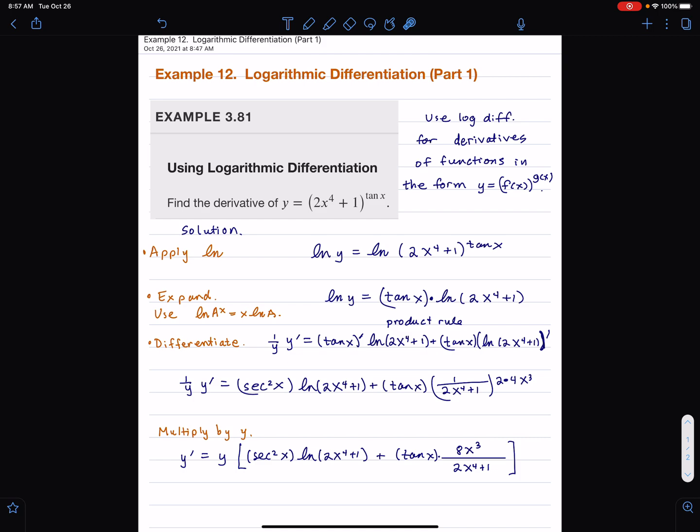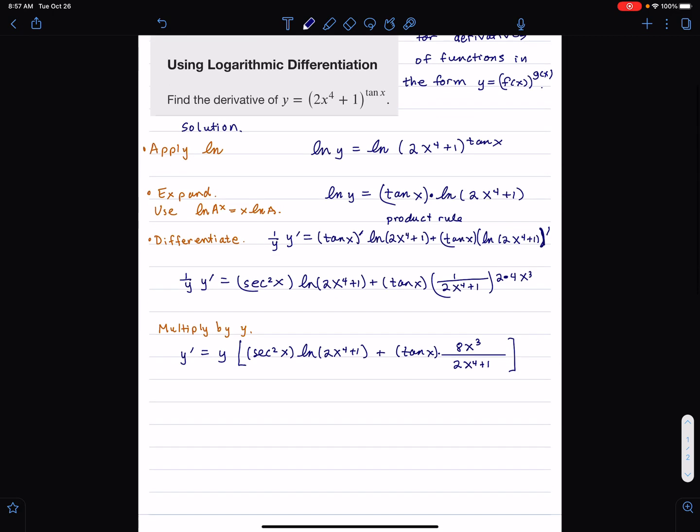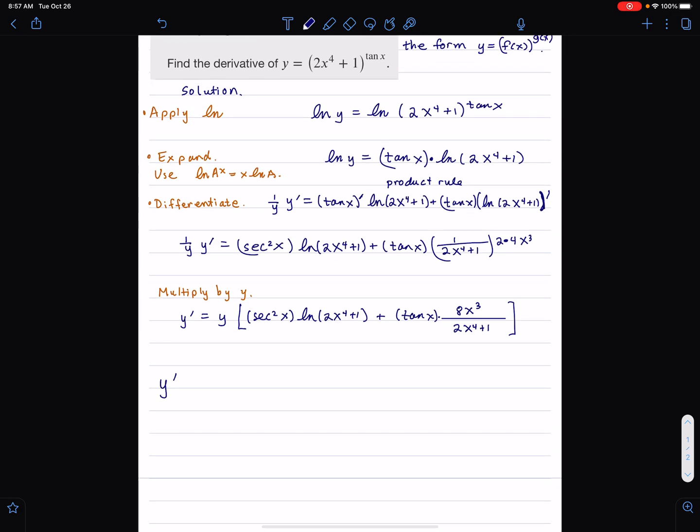All right, now what we're going to do is put in y equals this function. So we're going to replace y back by what it is, 2x to the fourth plus 1 raised to the tan x power. So we have y prime equals parentheses 2x to the fourth plus 1 raised to the tan x power.